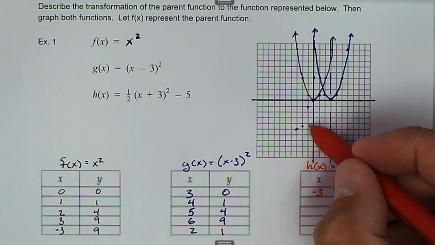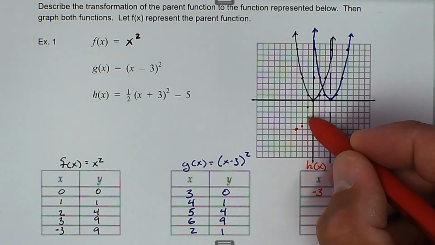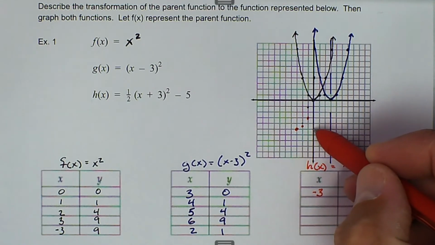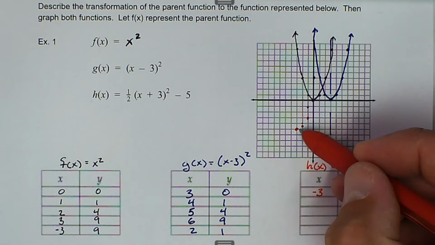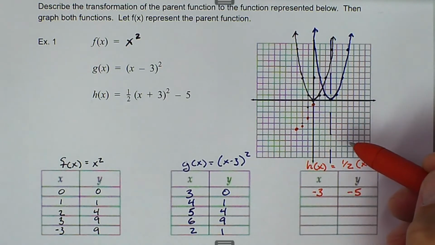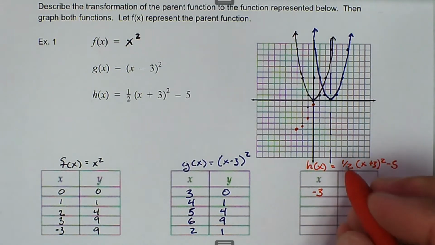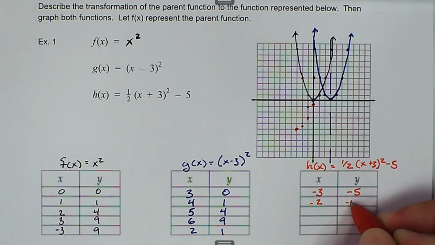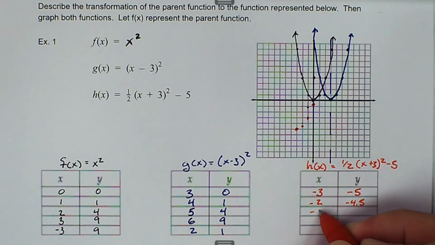And instead of going over 2, up 4, we're going to go over 2, up 2, because 2 is half of 4. And instead of going over 3, up 9, we're going to go over 3, up 4.5. So those will be the coordinates there. So our coordinate will be negative 2, negative 4.5, and negative 1, negative 3.